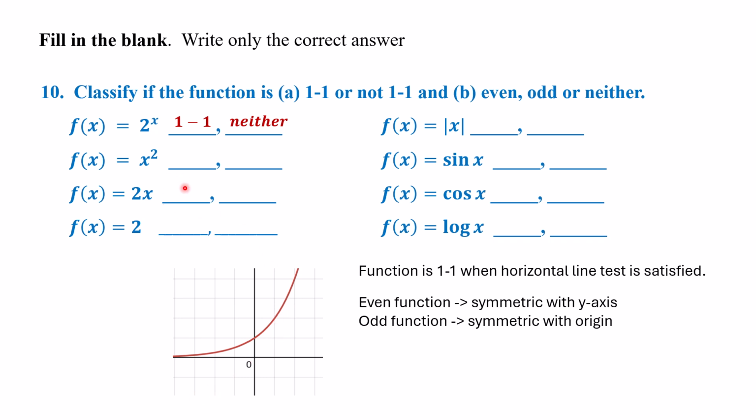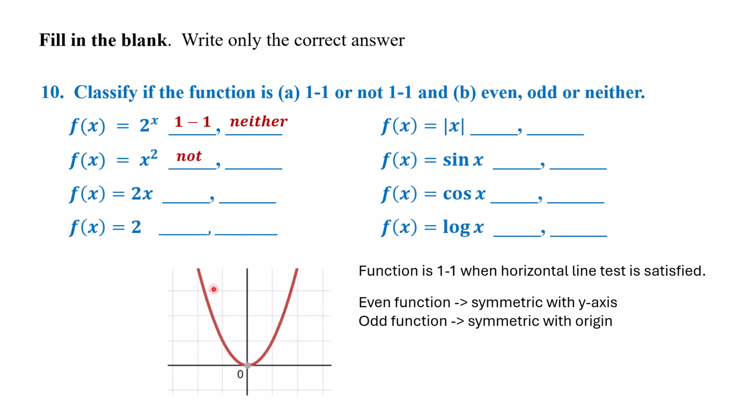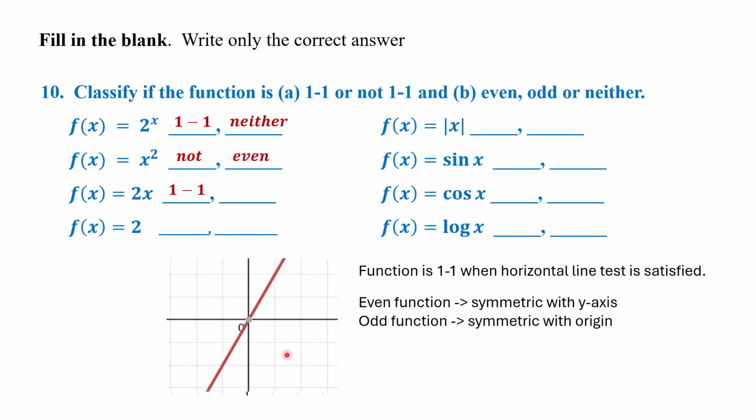Then for the next function, we have x squared, which is a parabola opening up. This is not one to one using the horizontal line test, but since this is symmetric with respect to y, this is an even function. And then for y equals 2x, it's one to one using the horizontal line test, and it is an odd function because it is symmetric with respect to the origin.